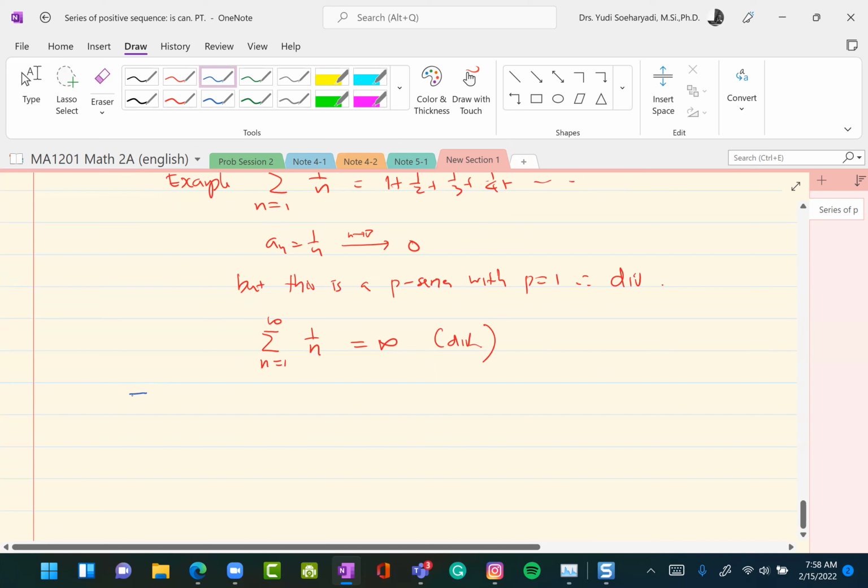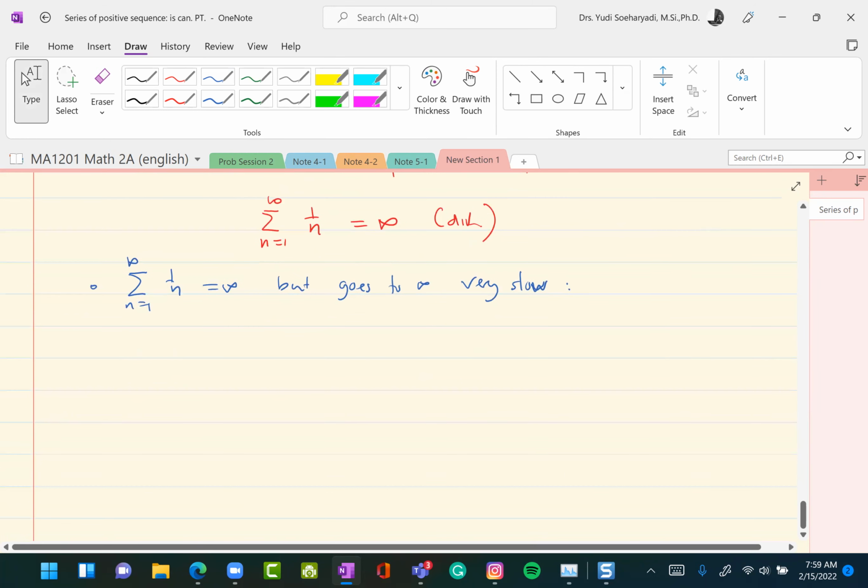It goes to infinity very slowly. Going to infinity means it is unbounded.